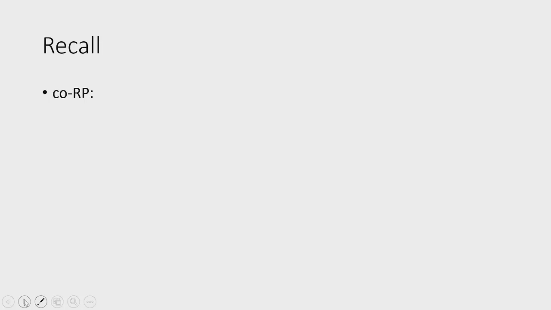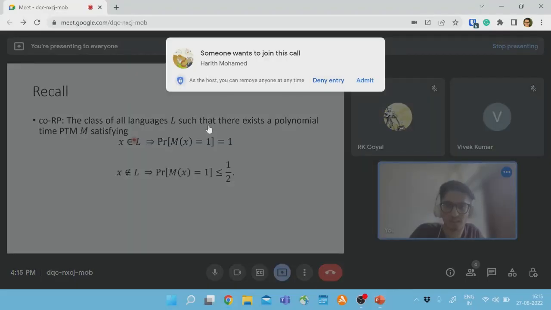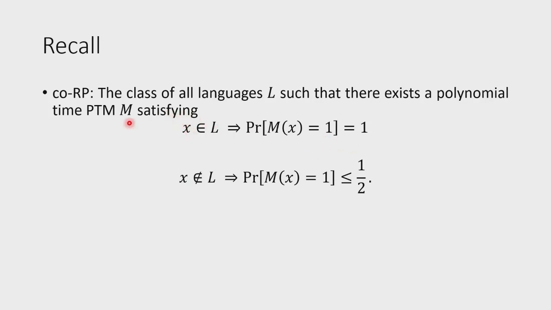Then you would have seen the class coRP, which is the class of all languages L such that there exists a polynomial time probabilistic Turing machine M satisfying: x in L implies the probability that M(x) equals 1 is 1, and x not in L implies the probability that M(x) equals 1 is at most half.